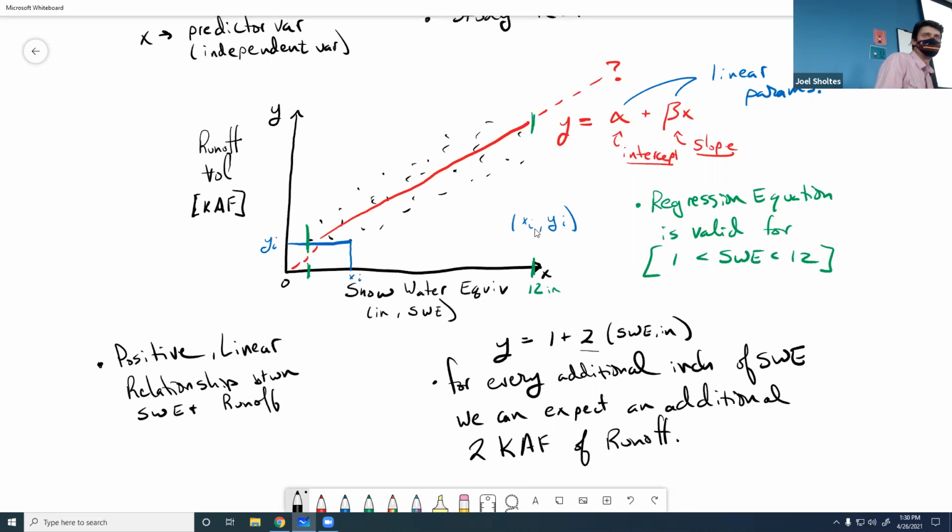And from this, we can say that we have a positive correlation. We'll get into correlation in the next lecture. And for linear regression to work, we need to have a linear relationship, meaning this equation can roughly define it, A plus BX.